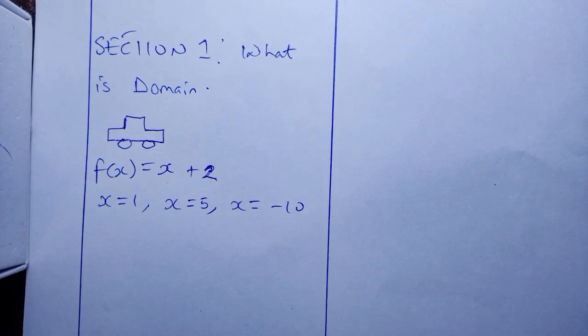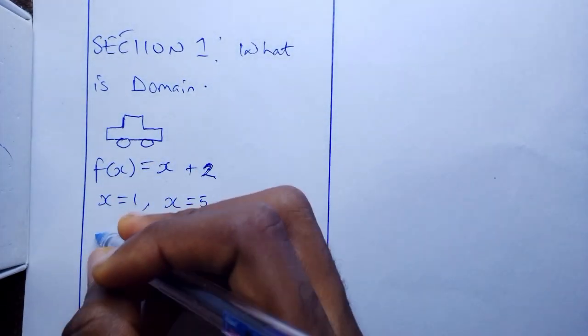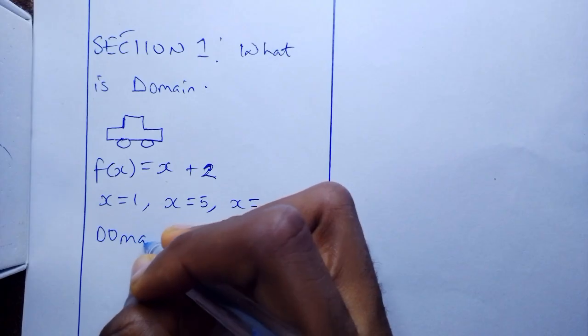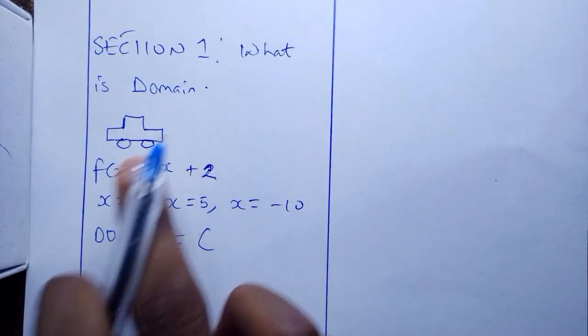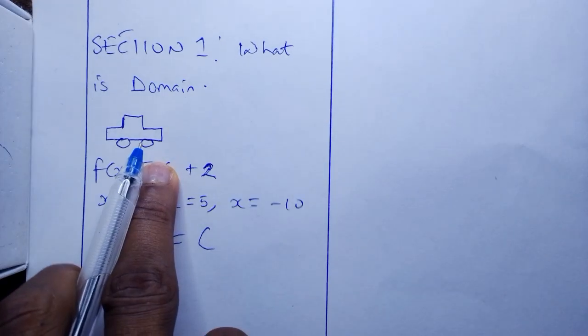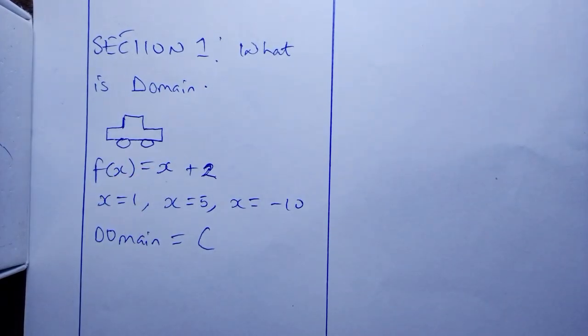The function still works. So for this particular function, our domain equals, because there's no input you put for x that the function will be indeterminate or undefined or a mathematical error. Sometimes your calculator will show you a mathematical error.